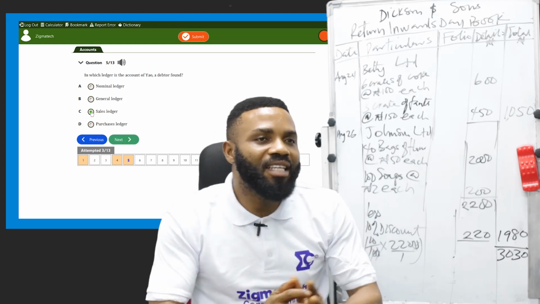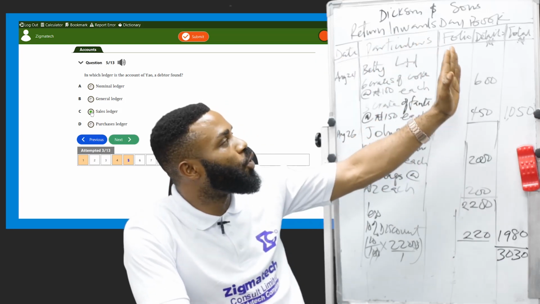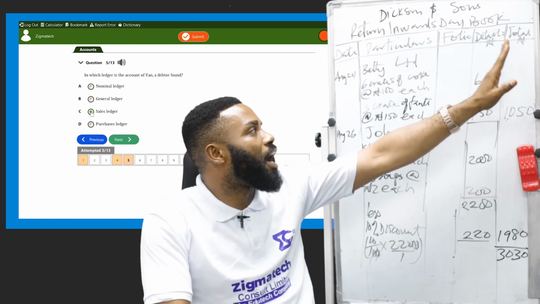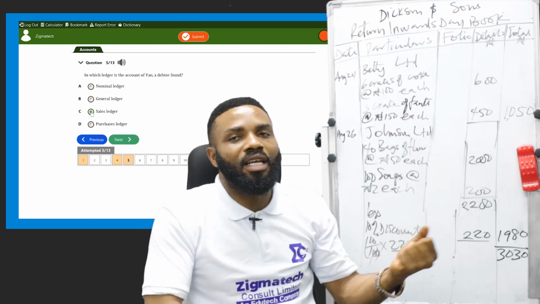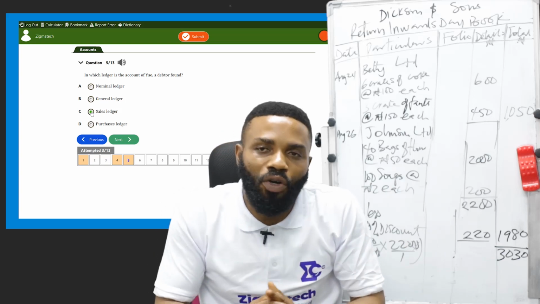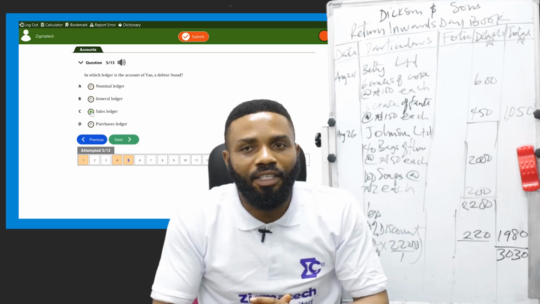And then we said it has a column for dates, a column for particulars, a column for folio, a column for details, and it also has a column for what? For total. And then the discount treatment is the same thing with return outwards day book, purchase day book, and sales day book.